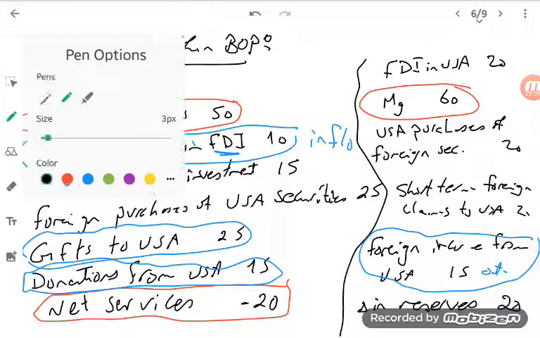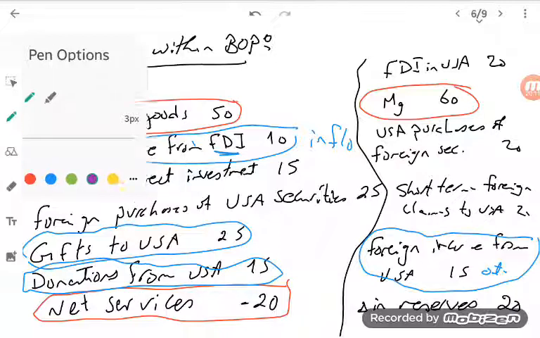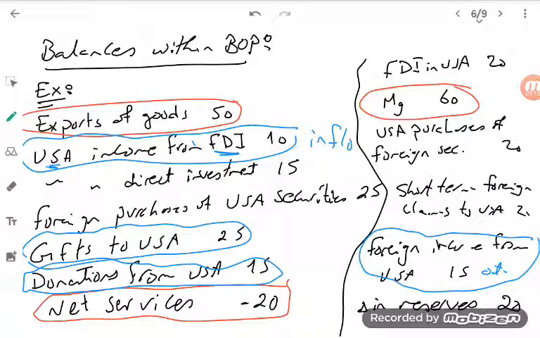Returning back to our example, US direct investment.